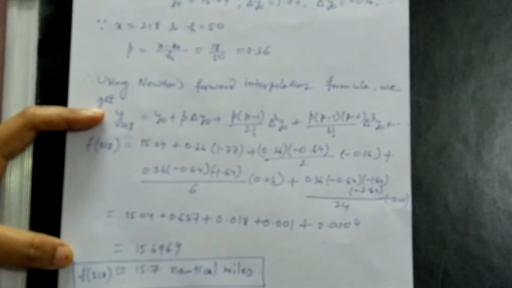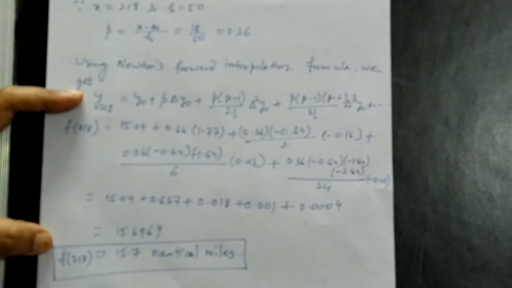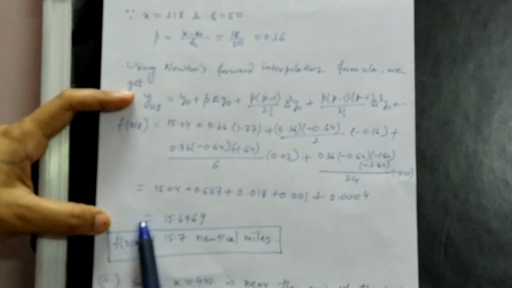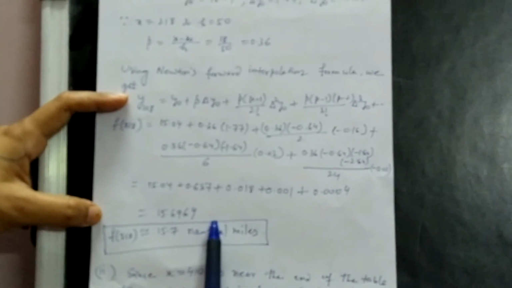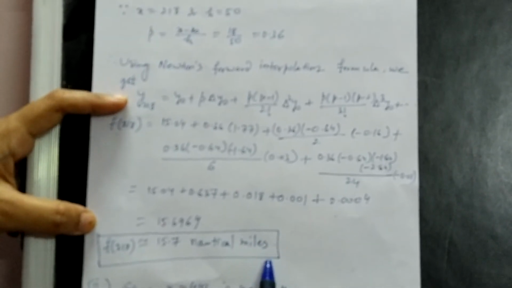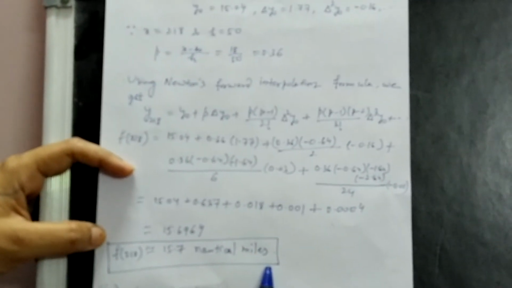After simplifying this, again you are advised to use a calculator. Don't do these manual calculations, otherwise it will simply be a waste of time. After calculating, we get the value, which is equivalent to 15.7 nautical miles. At the end you have to note down the unit in which the question was asked.